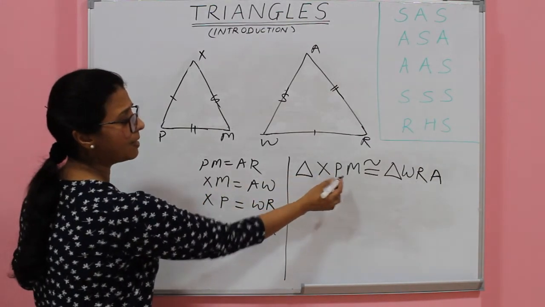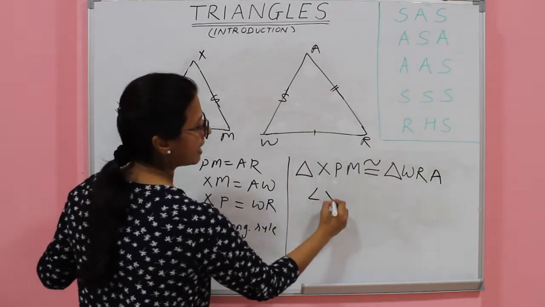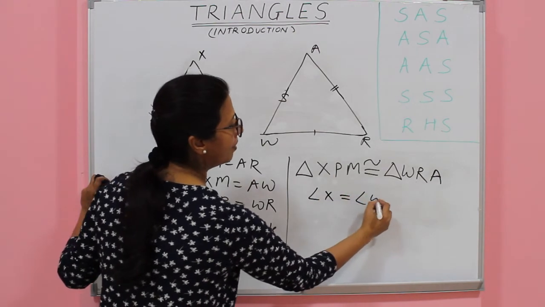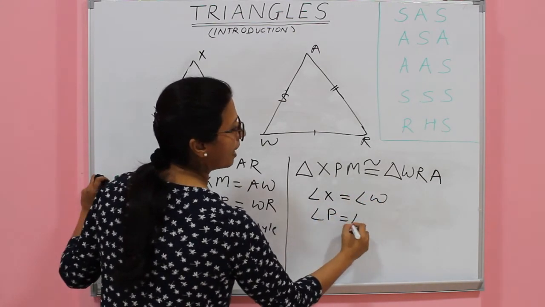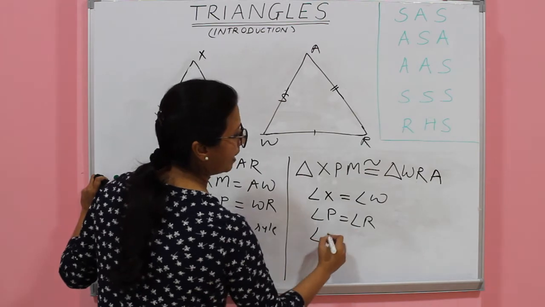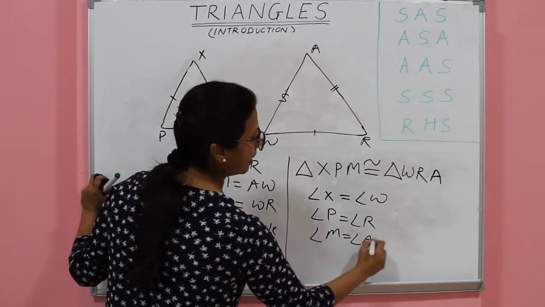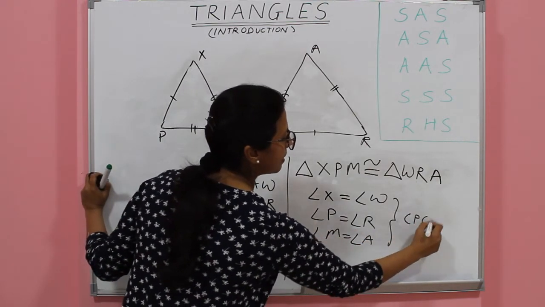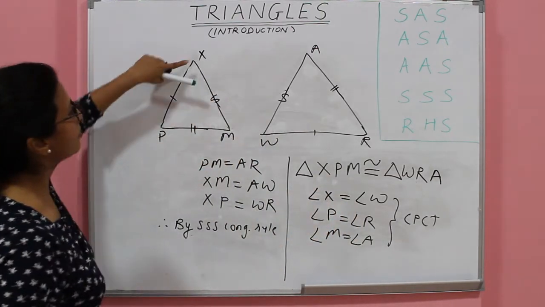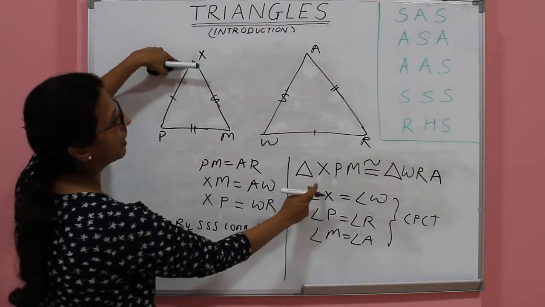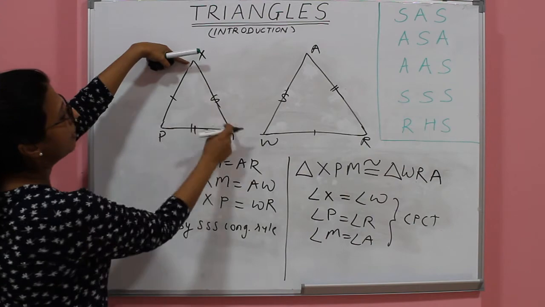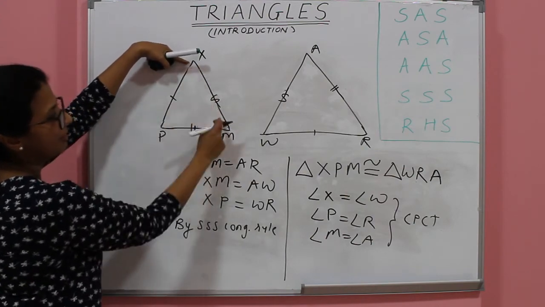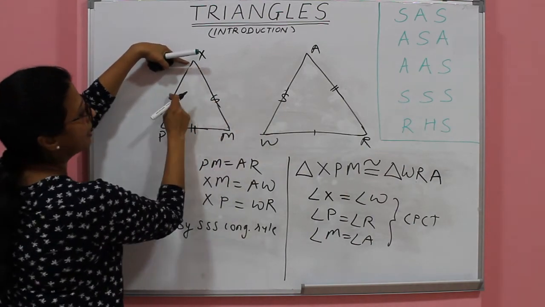Once the congruency has been written, then I can directly write the angles. Angle X is equal to angle W. Angle P is equal to angle R. And angle M is equal to angle A, all by CPCT. If you see, the X is having two sides, one side is of this side and the other side is of this side.